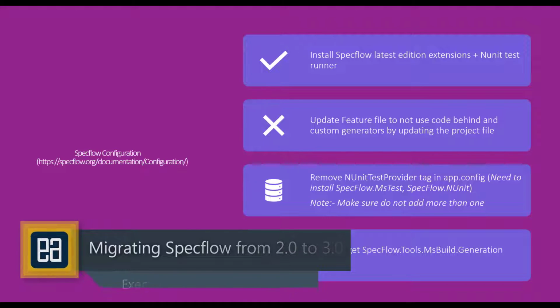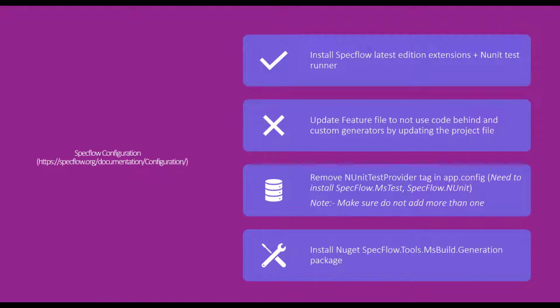That's the first thing you need to do within your project. Then you need to remove the NUnit unit test provider tag in the app.config, because that's obsolete now. It isn't supported at all in the latest edition. Even if you have it and try to build your project, you will get an error saying the unit test provider tag is not applicable for Specflow anymore.